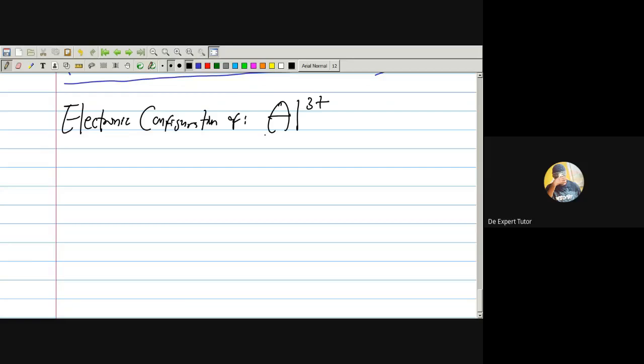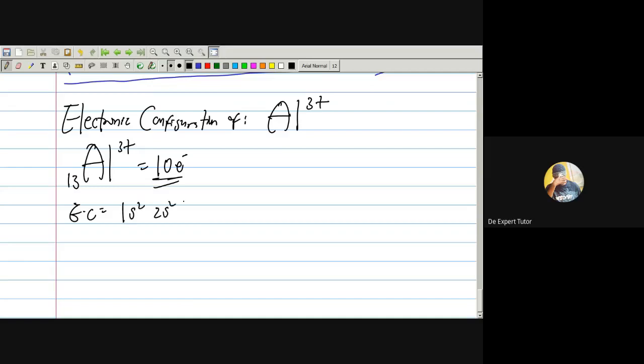Now pay attention. This is the last one we are doing. Don't forget that aluminum itself has 13 electrons. Are we together? Yes. But it has lost 3 electrons now. So it means that what I'm having here has 10 electrons, okay? So the electronic configuration will now be what?